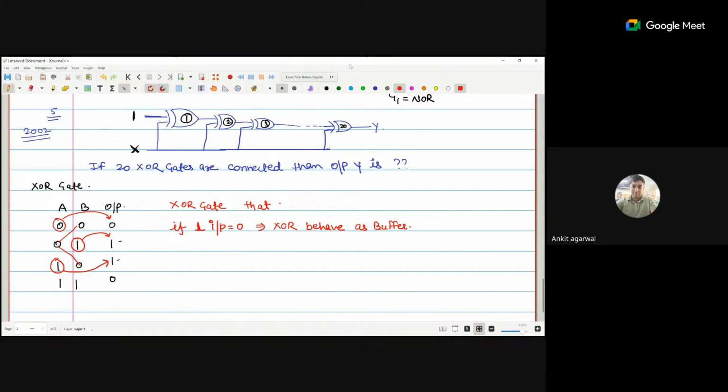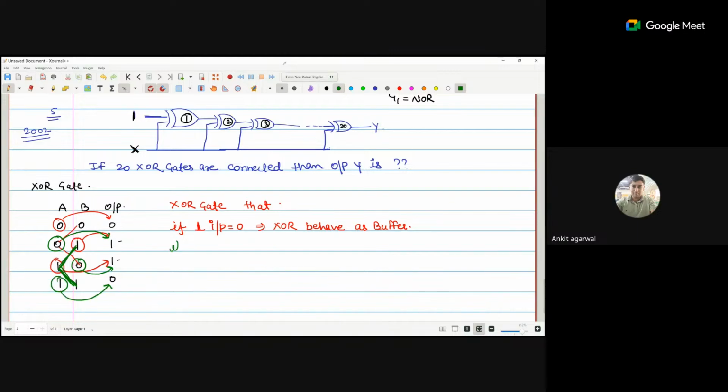Similarly, one more concept: if one input is fixed at 1, the input that we apply, we get just the inverse of it. If 0 is applied, I get 1. If 1 is applied, I get 0.